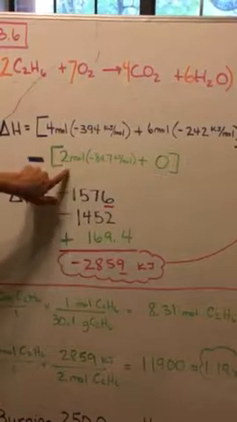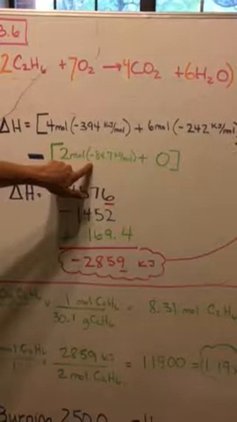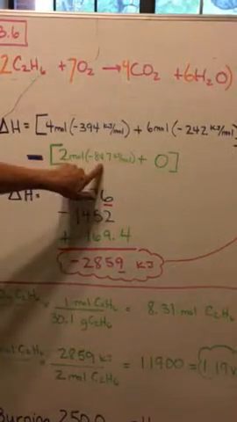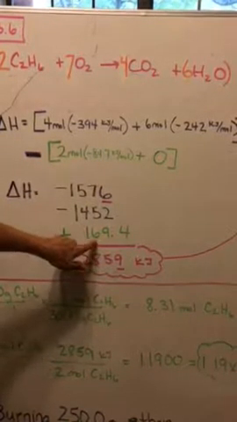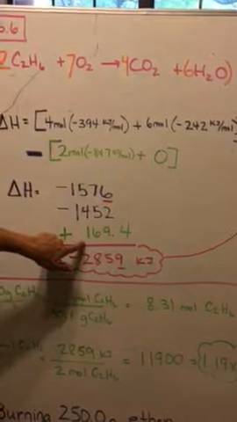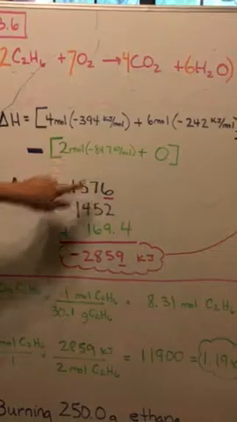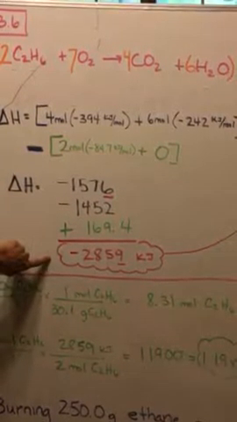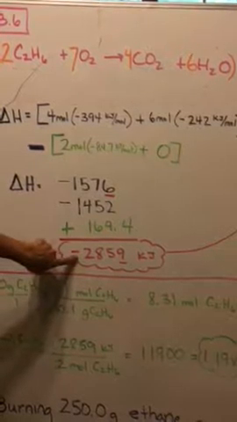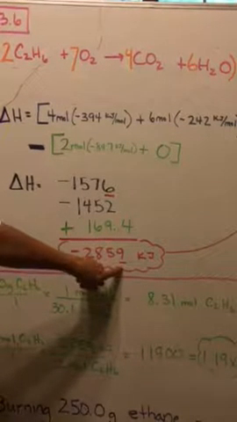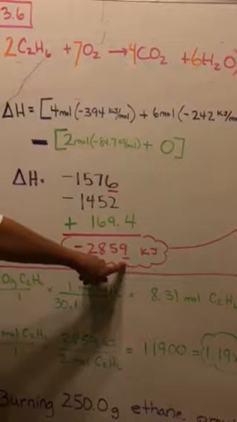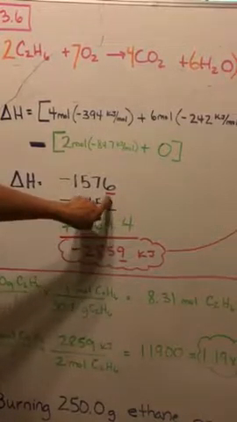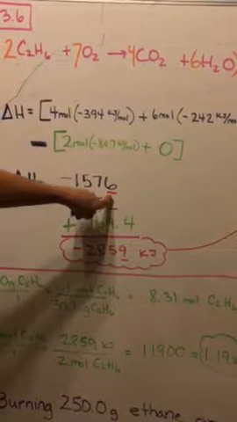Then when I come down here, I'm subtracting a negative. So 2 times 84.7 is 169, and it ends up being positive because when you subtract a negative, it's positive. So my change in enthalpy is negative 2859, and I have to take it to the units because that is my least significant digit.